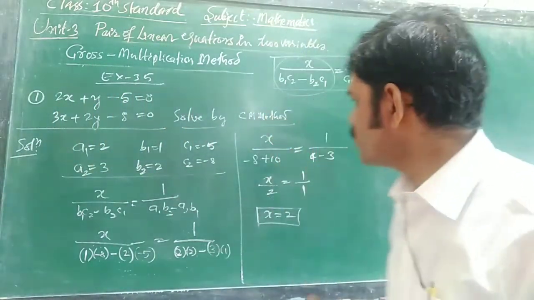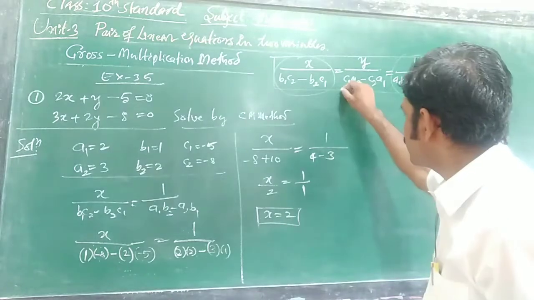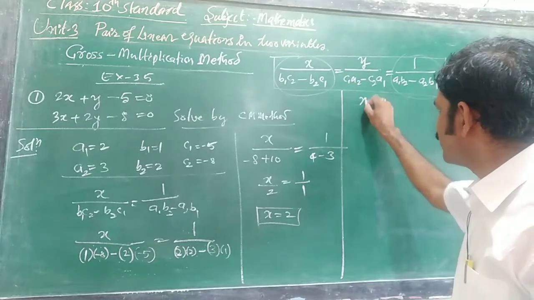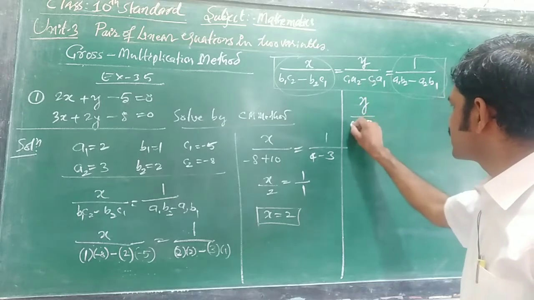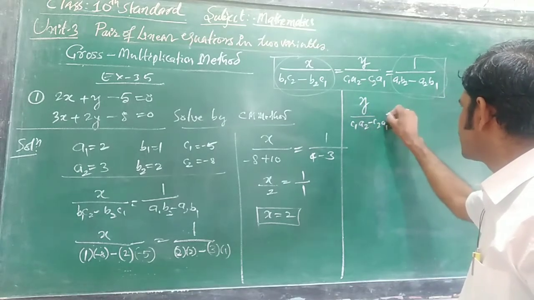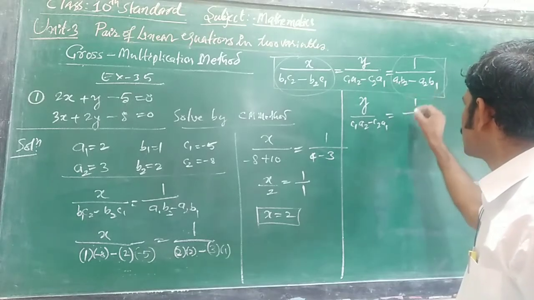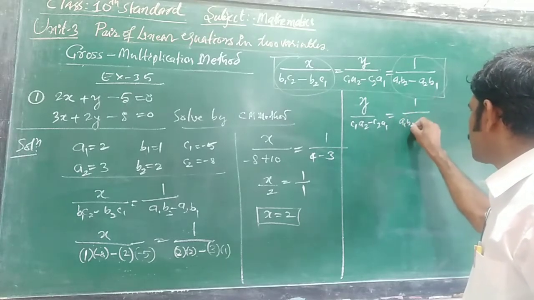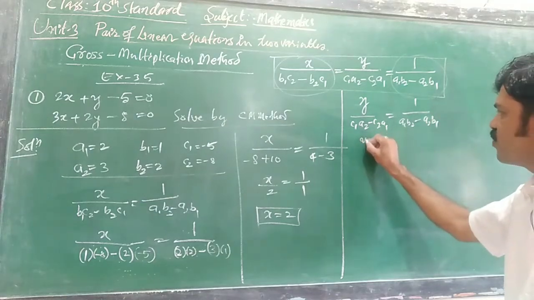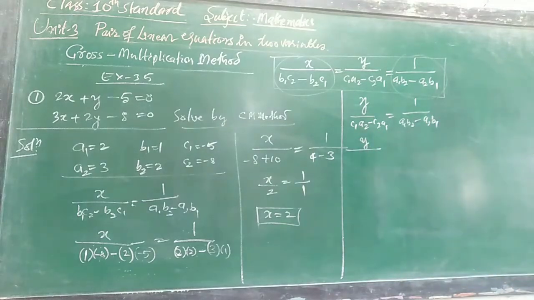In order to find the y value, what do we have to write? We write the same thing here: y divided by c1 a2 minus c2 a1, equal to 1 divided by a1 b2 minus a2 b1. Therefore y is equal to, what is c1 here?